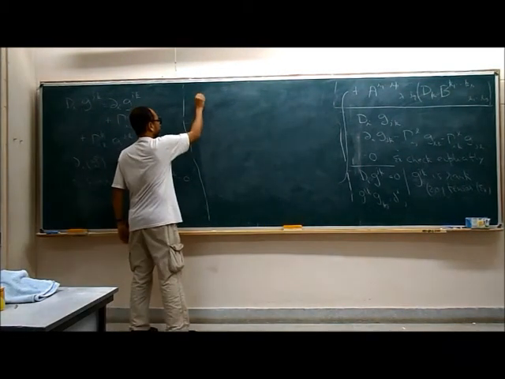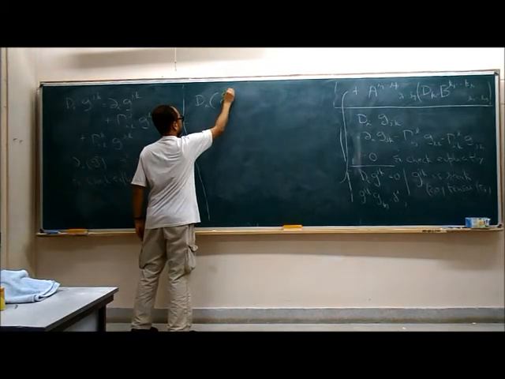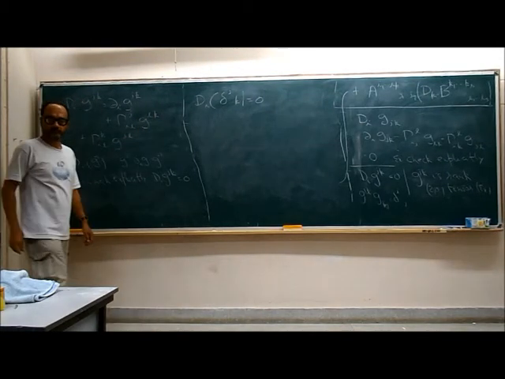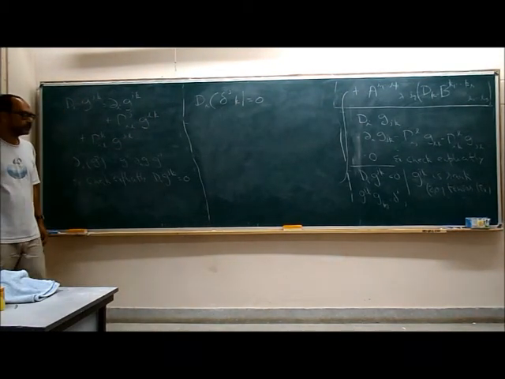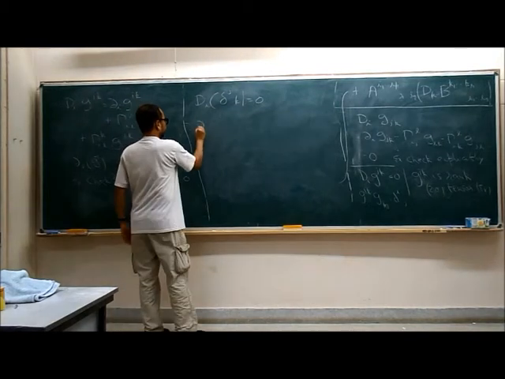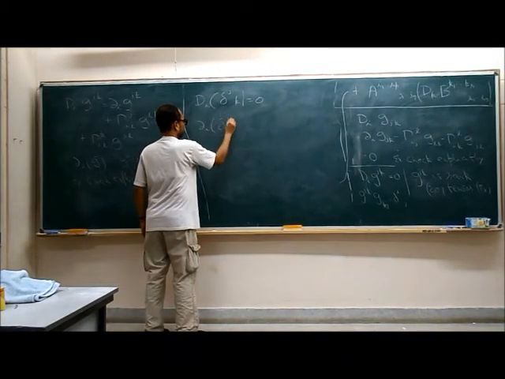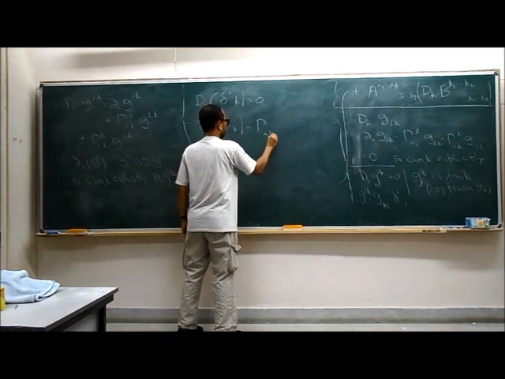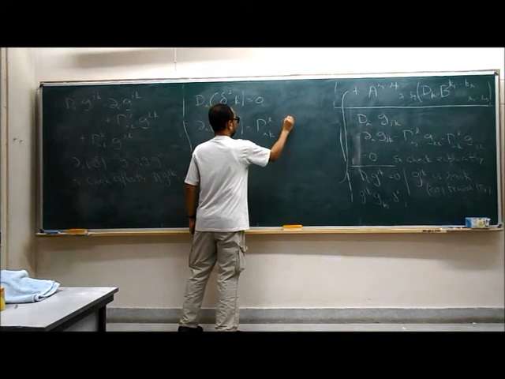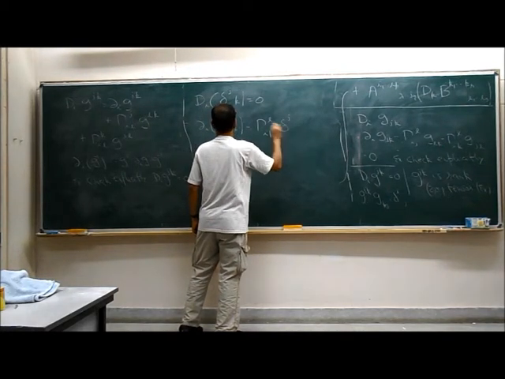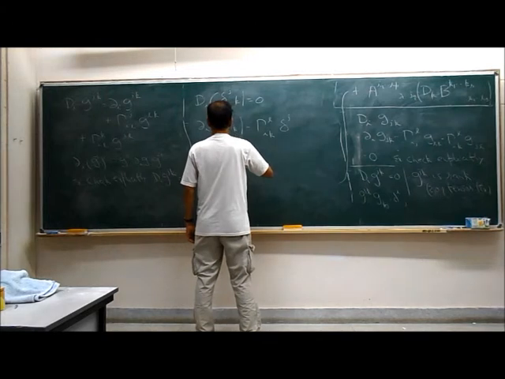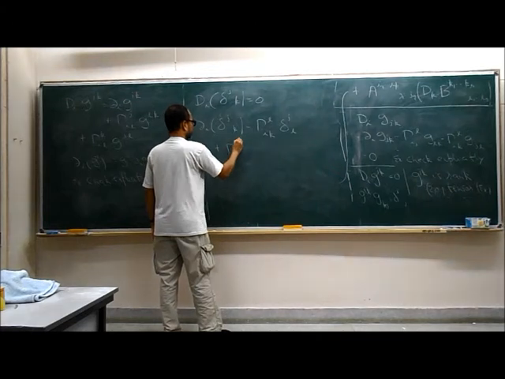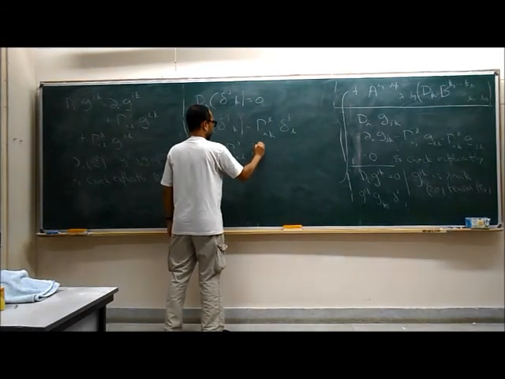Another useful relation is that ∇_i of δ_jk is 0. Okay, so let's do this explicitly. So this is ∂_i of δ_jk minus Γ^l_ik δ_lj plus Γ^l_ij δ_lk.